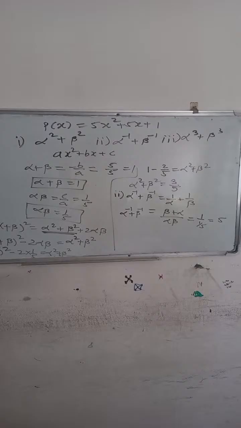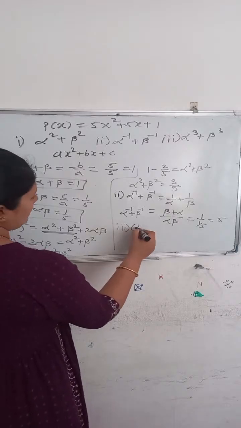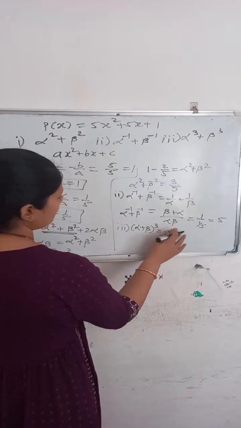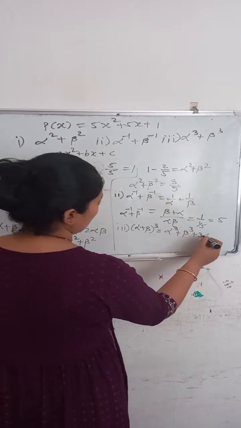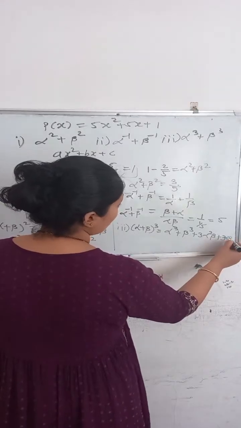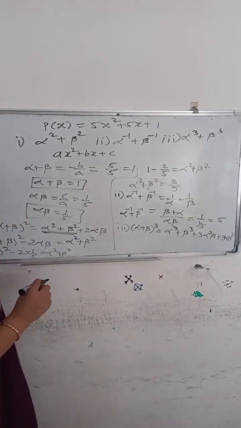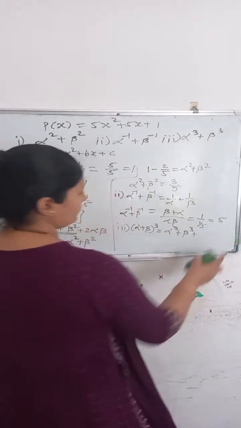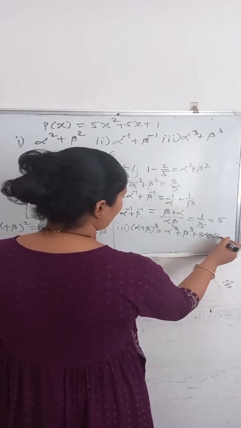Now for the third part we can use this formula, alpha plus beta whole cube is alpha cube plus beta cube plus thrice alpha square beta plus 3 alpha beta square. Getting this? Or you can use this formula: you can take 3 common, alpha beta into alpha plus beta.